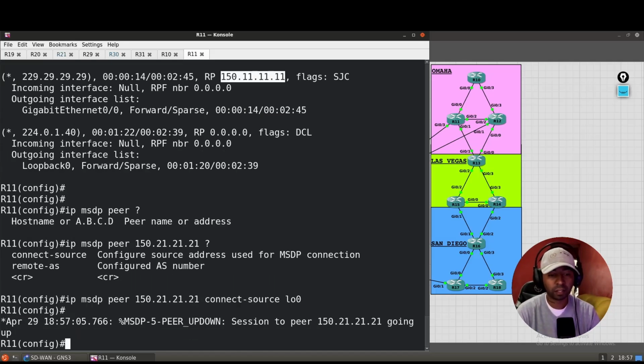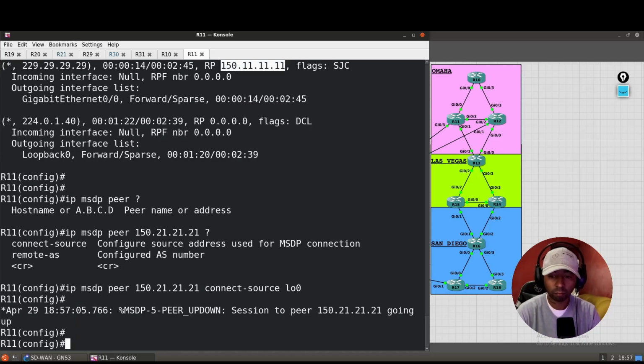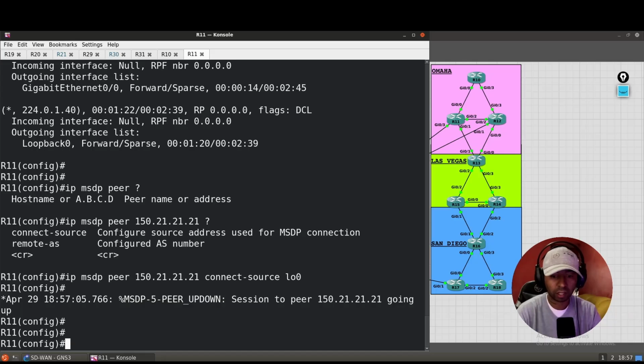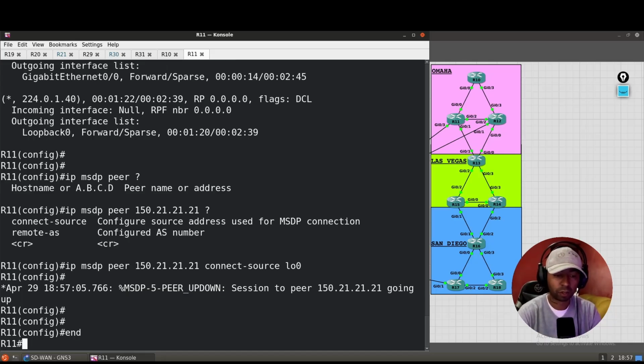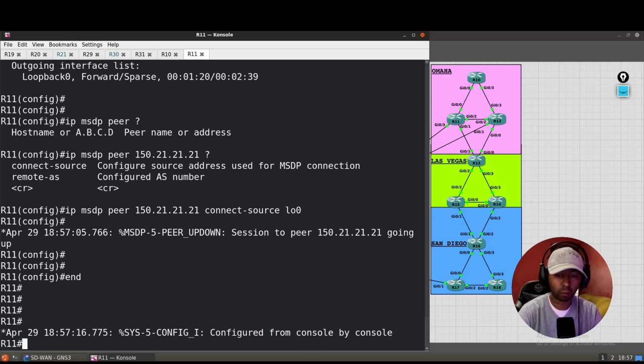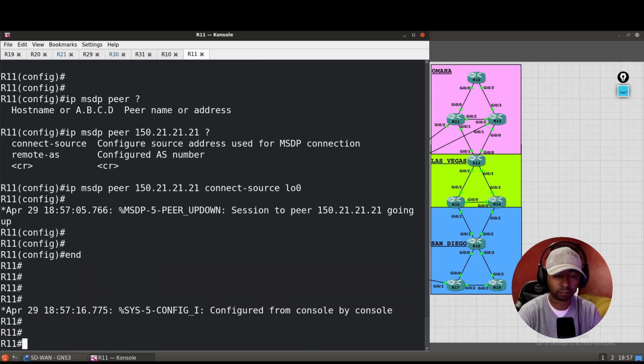So after I make this, we can see that the peer is up now. So let's make sure that the Multicast Source Discovery Protocol is up now on the other side first.